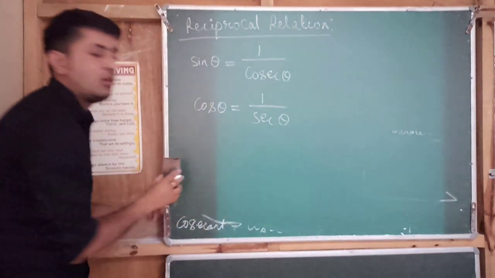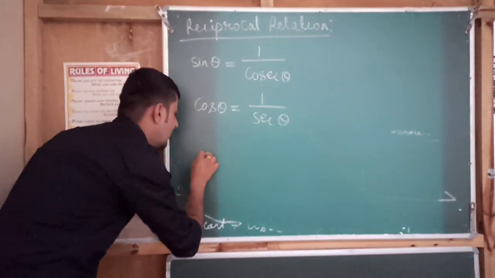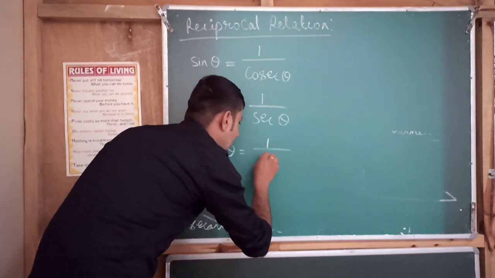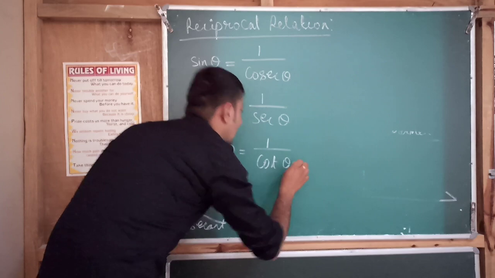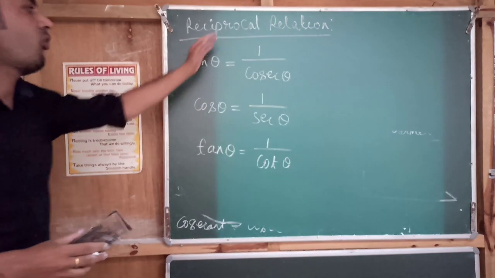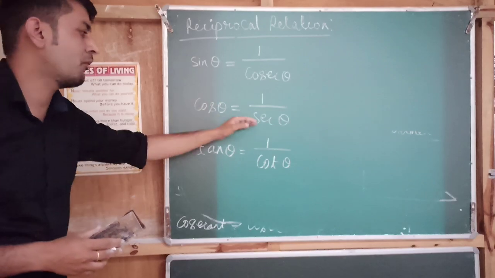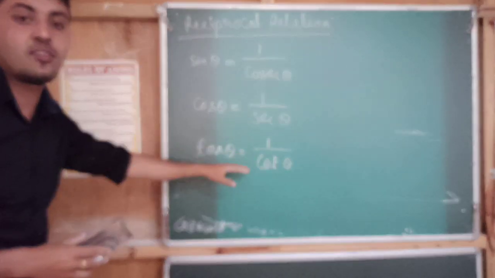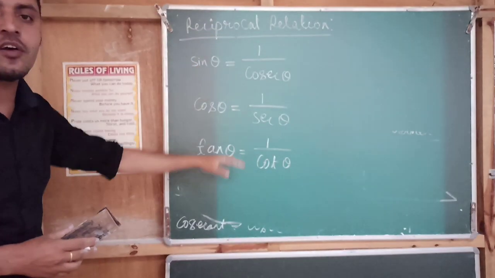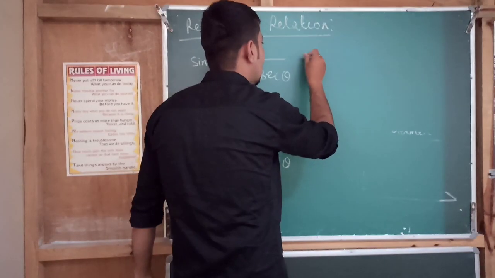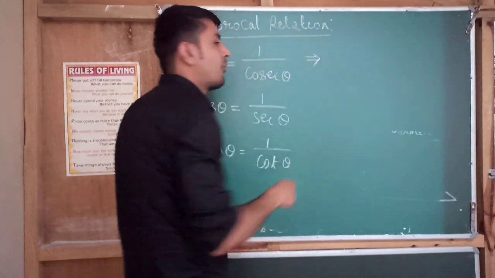Then next, your tan theta will be 1 by cot theta. Now, sine is 1 by cosec, cos is 1 by sec, tan is 1 by cot. When you remember these 3 reciprocal relations, the next 3 are very easy. With the help of these, you will be getting the next reciprocal relations.